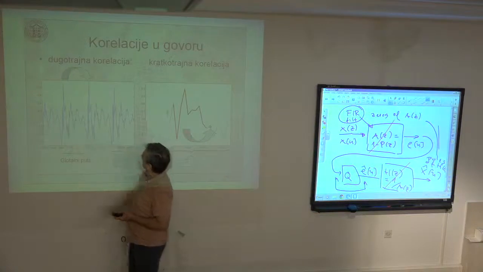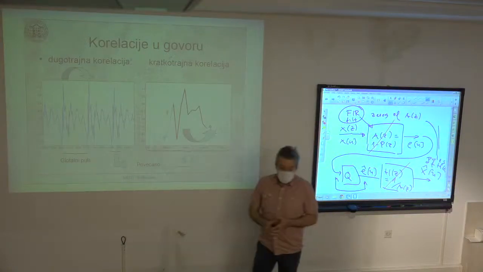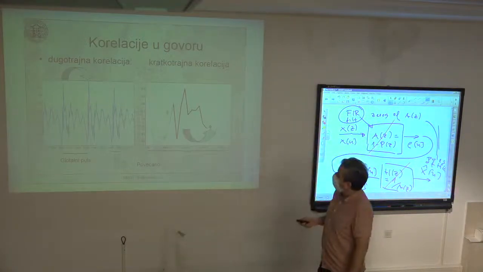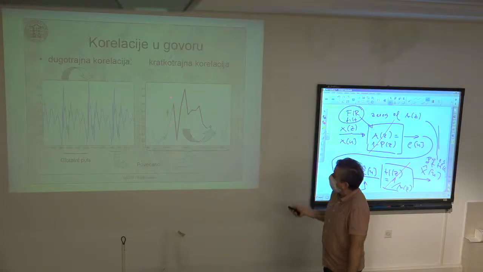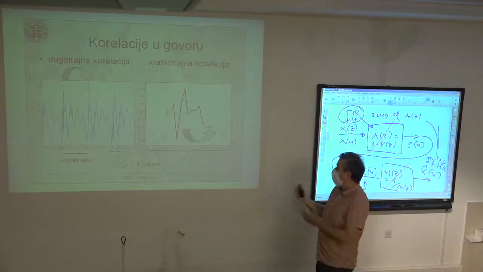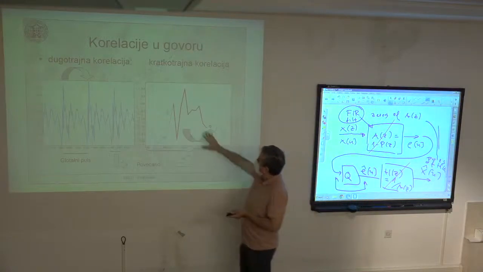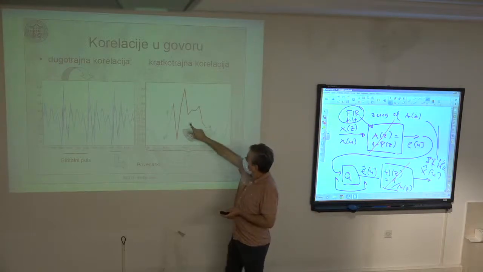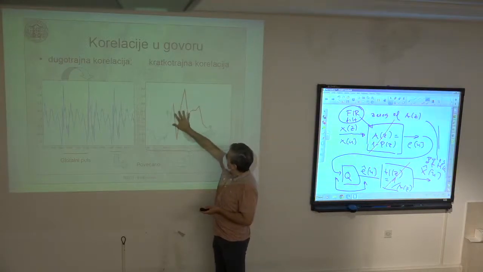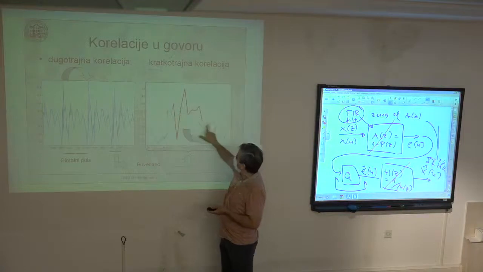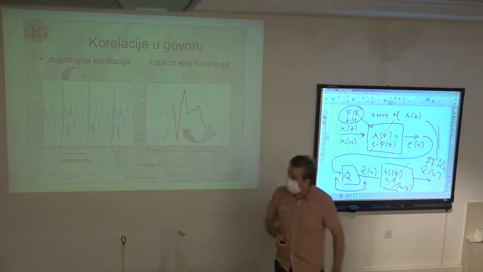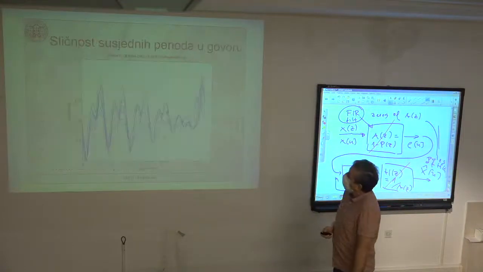Okay? The same analogy holds for the short-term correlation, where certain sounds that are correlated have higher prediction gain, while other sounds that are maybe less correlated have a lower prediction gain. And that is based on how much these preceding samples are correlated with the current sample of the speech signal.